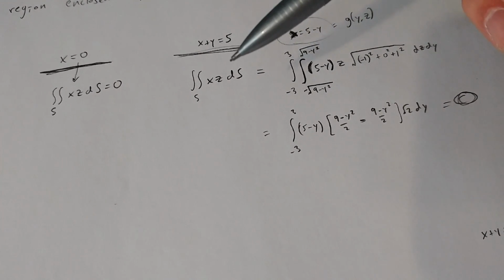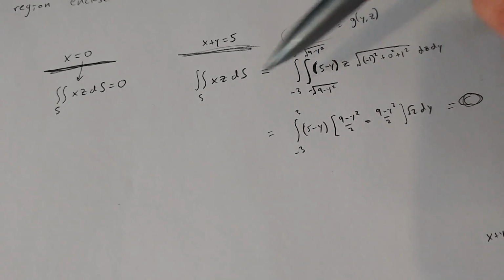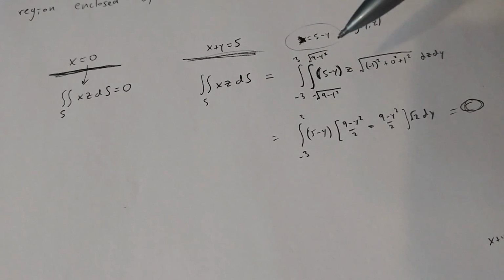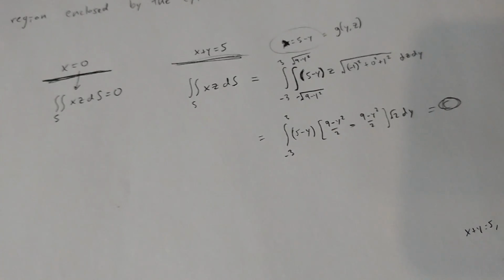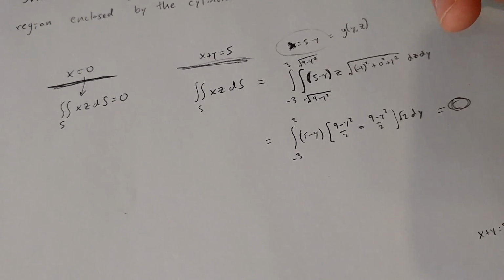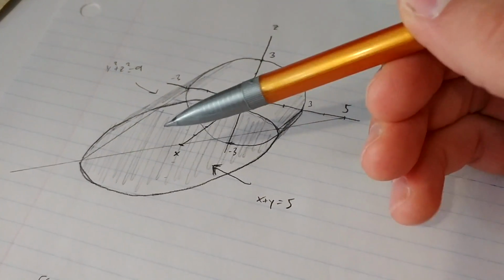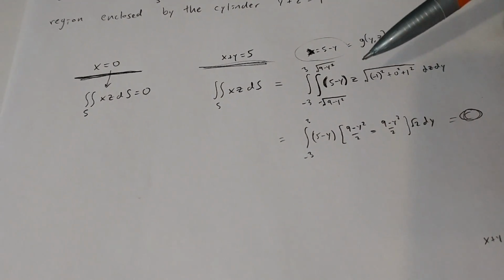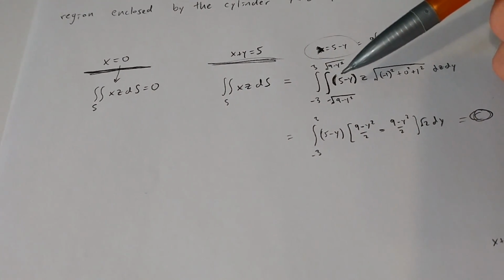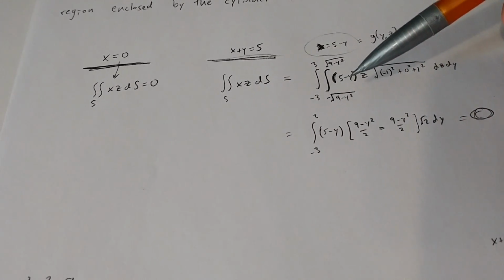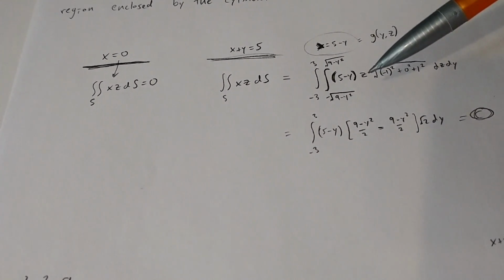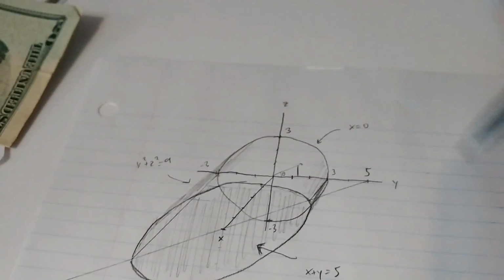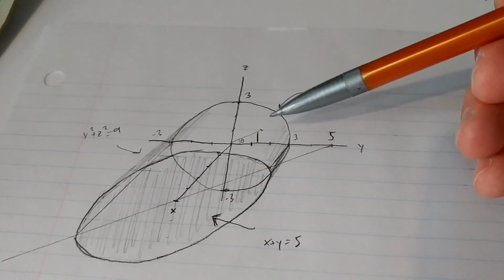So x is the variable that we're getting rid of, because it's like we're projecting this surface onto the YZ plane. So plug that in for x here. You got 5 minus y, and then z. And then you're integrating over this region again. That's like the projection onto the YZ plane.